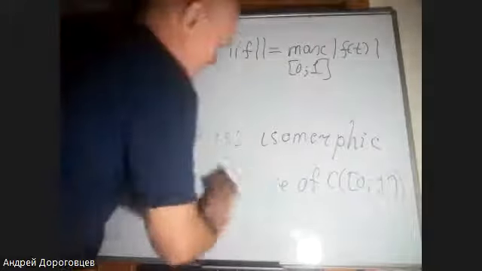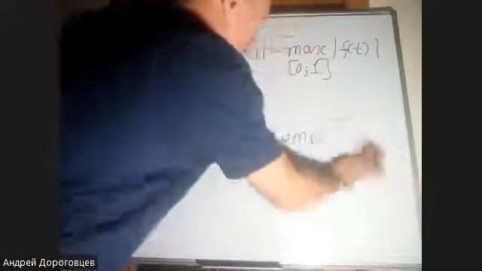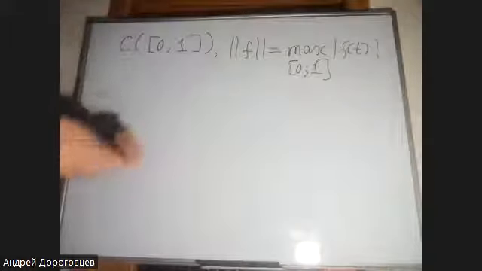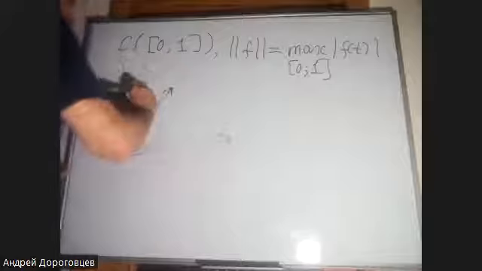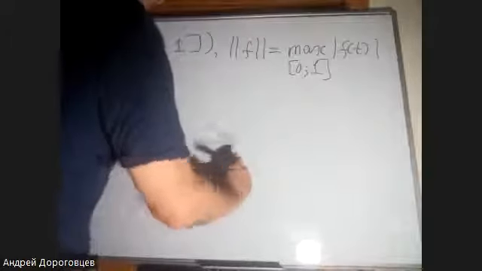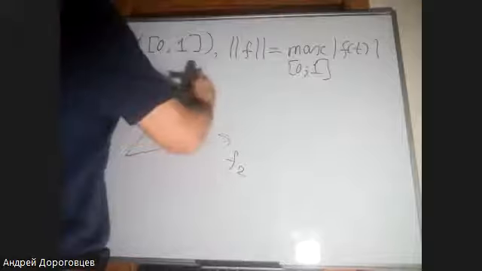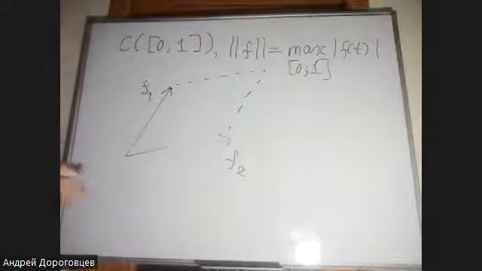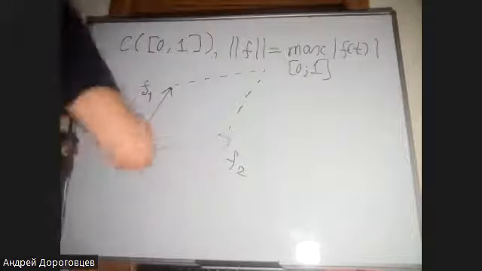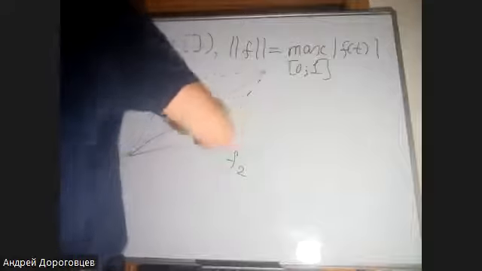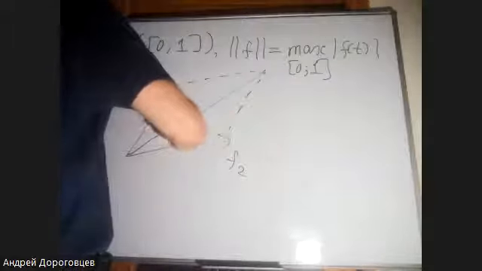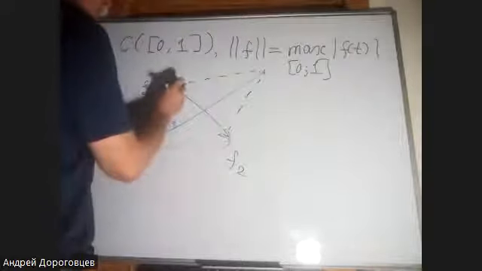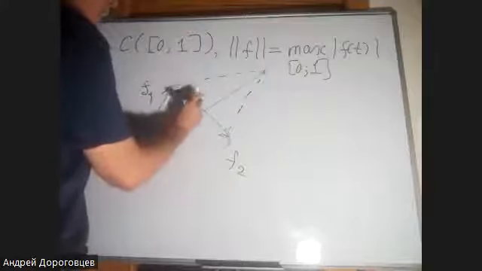Let me recall a well-known relation from school geometry: if we have two vectors f1, f2, then one can define, using these vectors, the sum f1 plus f2, and another diagonal will be f2 minus f1.